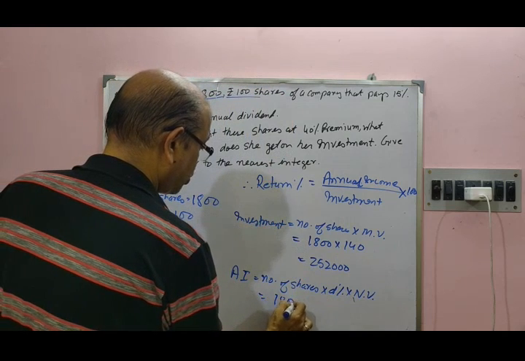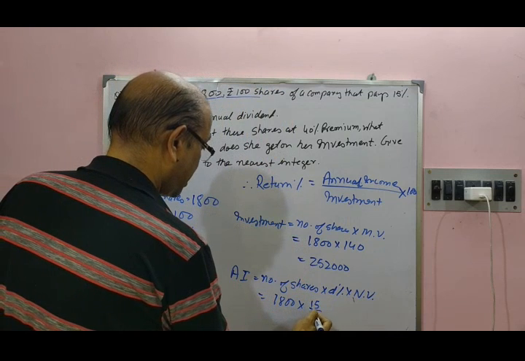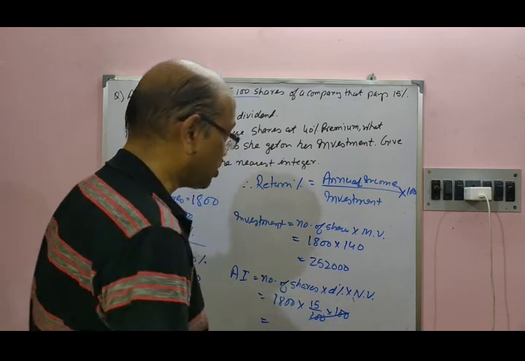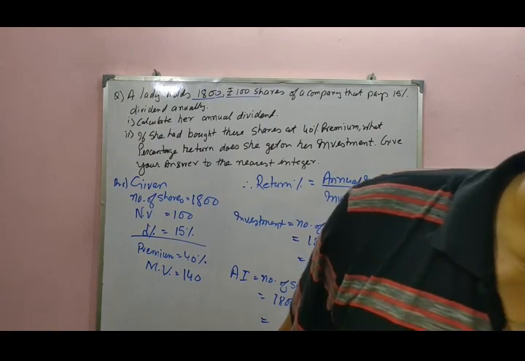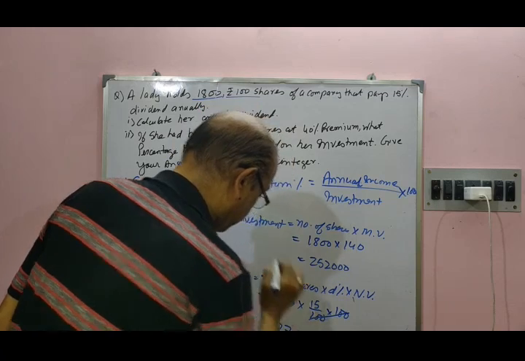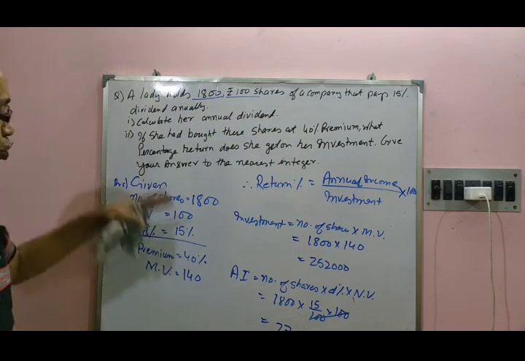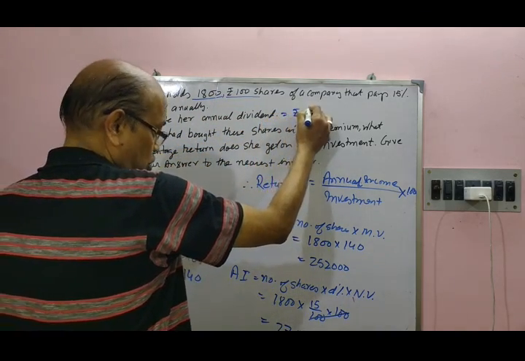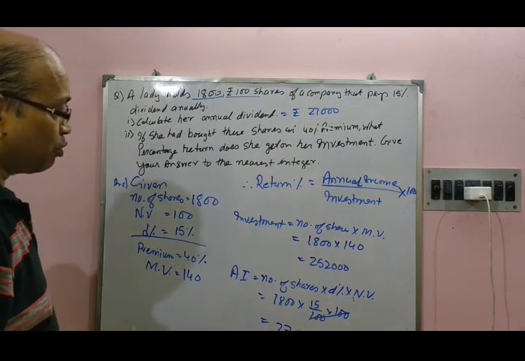Now number of shares was 1800 which we had calculated. 15 by 100 into nominal value is 100. So that was something like your 27,000. So this was your annual income. What was the annual dividend? The annual dividend was rupees 27000, what we have calculated earlier.